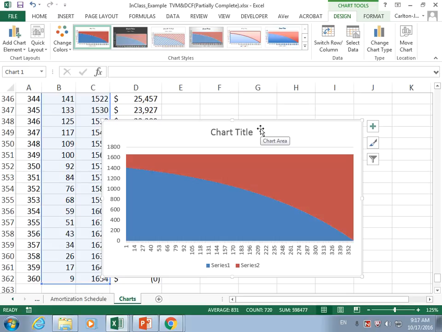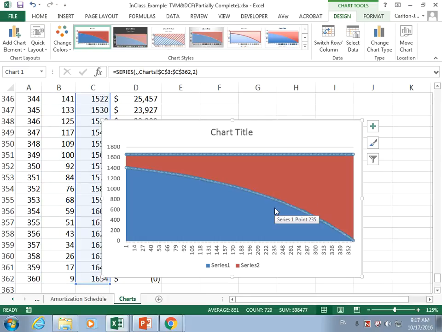What you'll see from this chart is that series 1 plots how much interest you're paying, and series 2 takes that and flips it over here. So this is your interest payment, and it's reducing, and this is your principal, and you can see the amount of principal you're paying gets bigger over the different months.